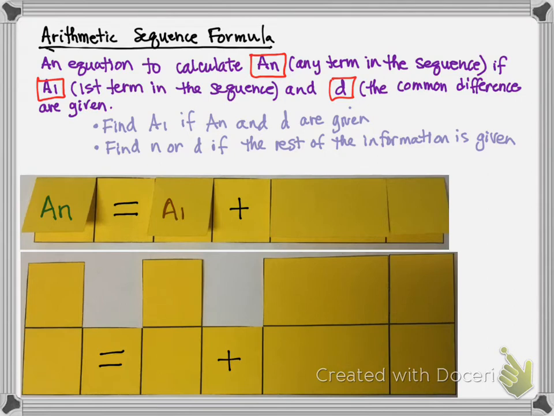So that's the first term given in the sequence. We're going to take how many terms there are and subtract 1 from it. That's n minus 1. And we're going to multiply that by the common difference. Now on my screen, these colors look a lot different than they do up there, but that's okay.